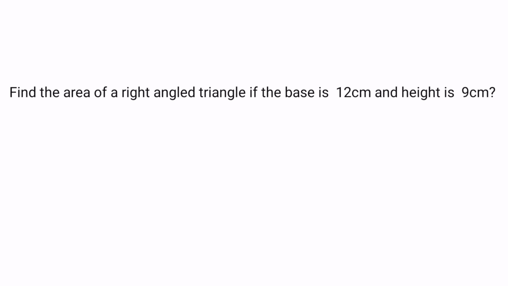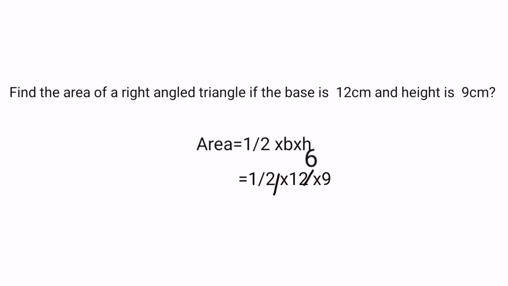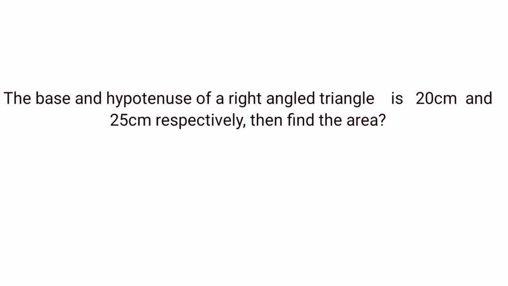If the base and height are given and if we are asked to find out the area, equation will be half into base into height. That is equal to half into base is given as 12 cm and height is given as 9 cm. So, you can cancel out 2 and 12. We will get it as 6. 6 into 9 is 54 cm square. Hope this is clear to everyone.